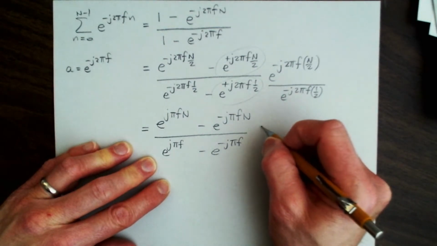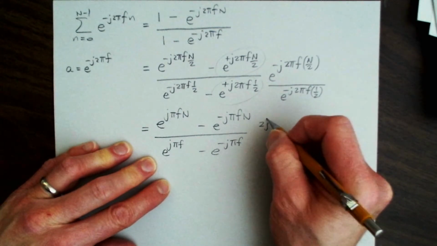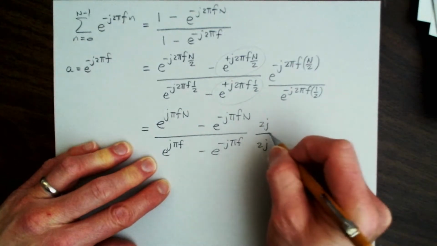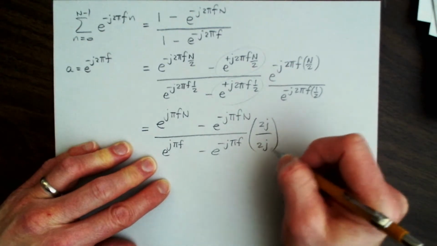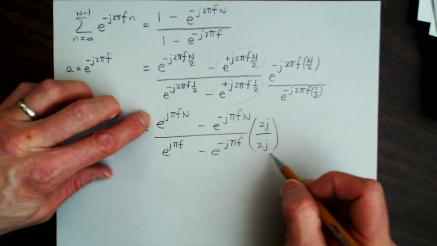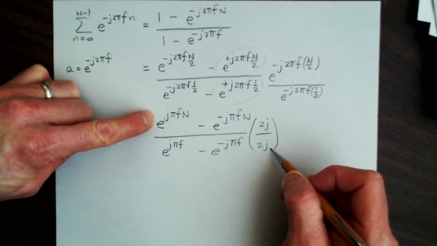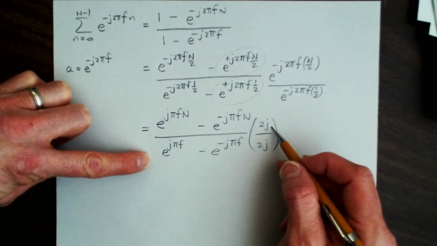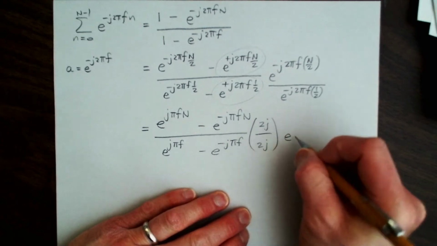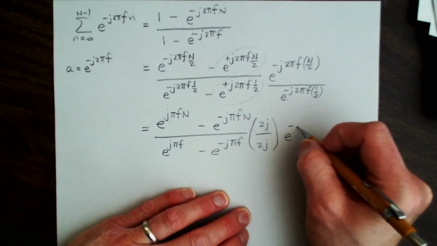And then I'm going to multiply by 2j and 2j. I'll need that to convert the numerator into a sine function and then the denominator into a sine function. But let's finish writing this out.